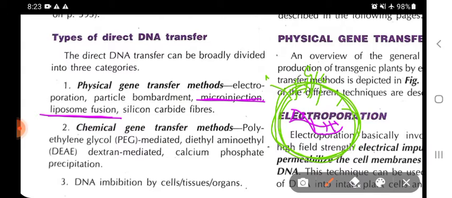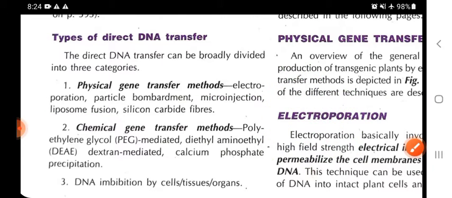They have some receptors on their surface which have been introduced in the lipid membrane, and this allows them to interact with the target cells. They interact with the receptor, they interact with the ligand. That means specific ligands are introduced on the membranes of the lipid vesicles, which allow interaction with the target plant cell or animal cell receptor, and through the process of phagocytosis this DNA can be delivered into the target cells.